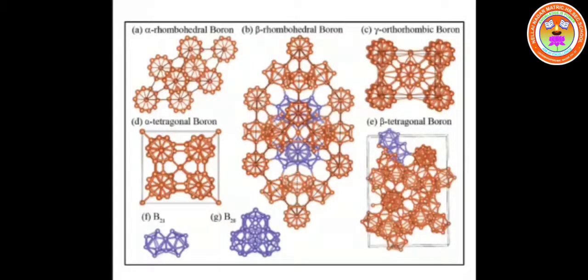Okay, children, B21 and B28 correspond to the number of boron atoms present in that allotrope. Here we have various structures. Don't worry about the structures, don't panic by looking at them. They just give you an understanding. You memorize the names of the allotropes, children.